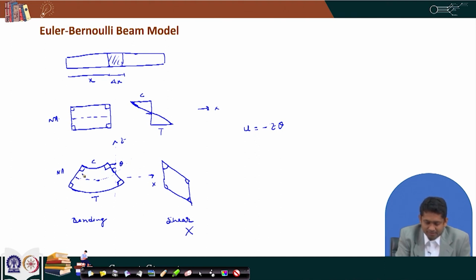Now, let us see that this deformed curve resembles the deformation along the z axis.